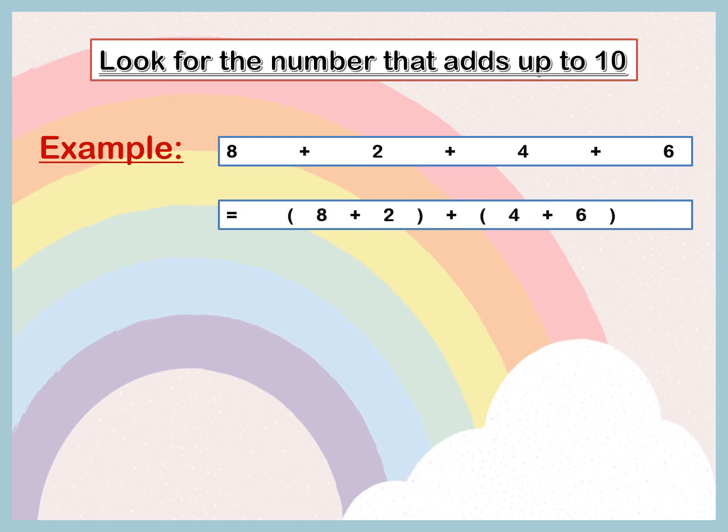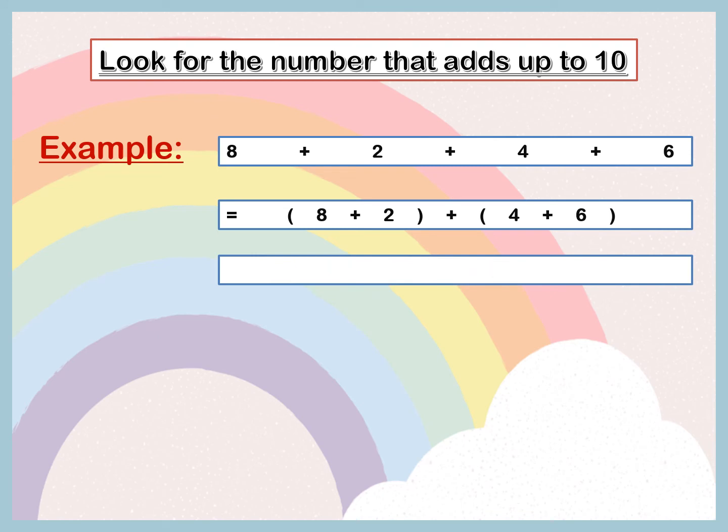Now, let's try to find out. So 8 and 2. If you add 8 and 2, then you get 10. And then we have 4 and 6. If you add 6 to 4, then you get 10 as the answer. So 8 plus 2 equals 10. 4 plus 6 equals 10.